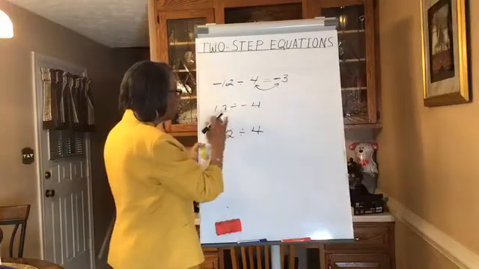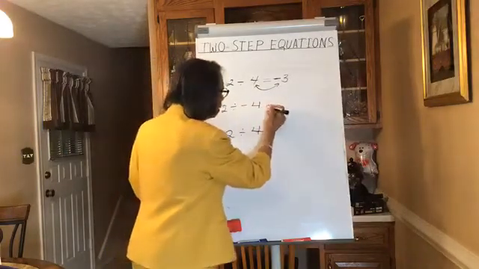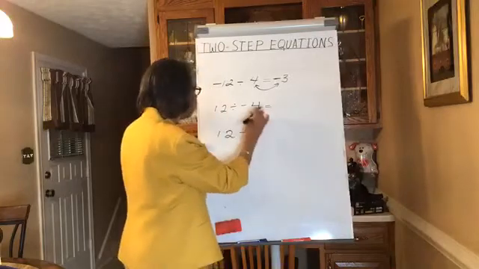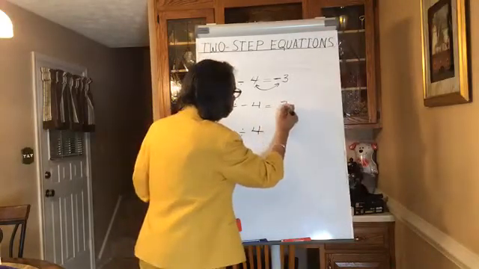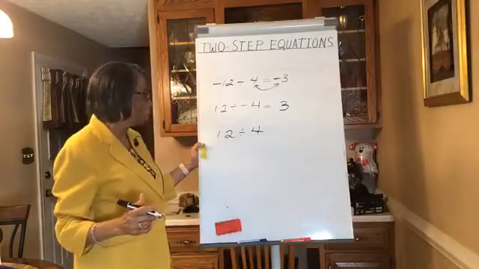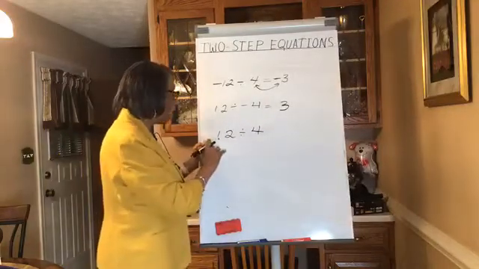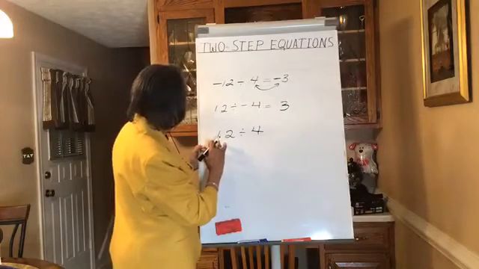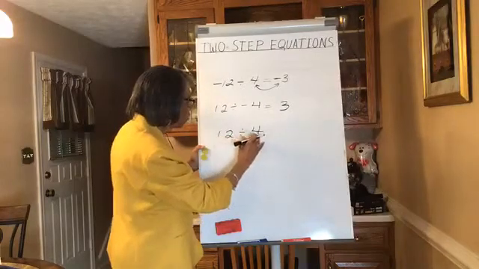All right, we already know how to do this. 12 divided by 4 is 3, and it's positive 3. Everything's positive, so it's positive. And we have 12 divided by -4.